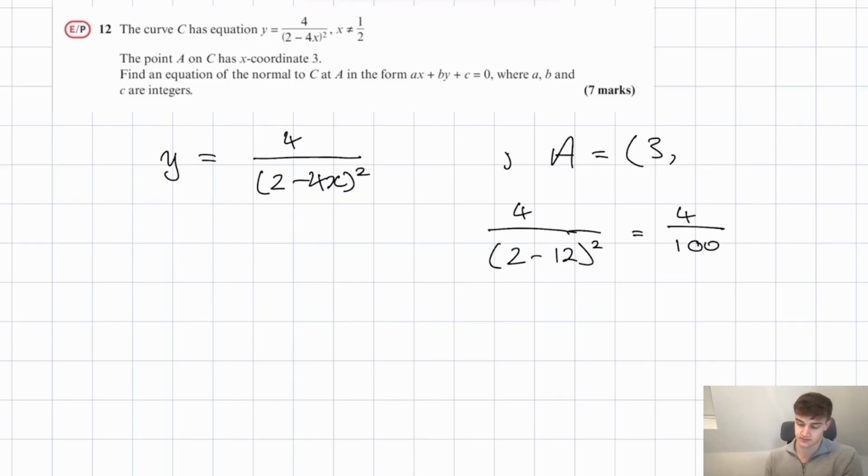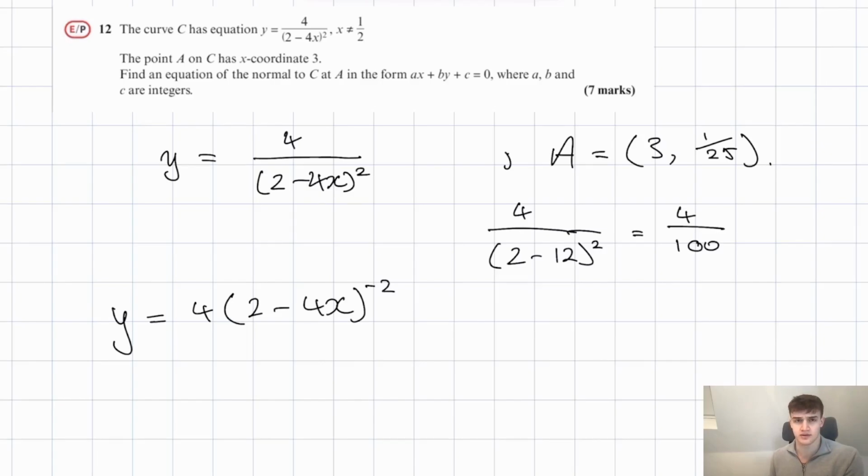Okay, so 1 over 25. So we'll leave it there, and then let's find dy by dx. So maybe we want to write y like this to make it slightly easier to see how to do the derivative.